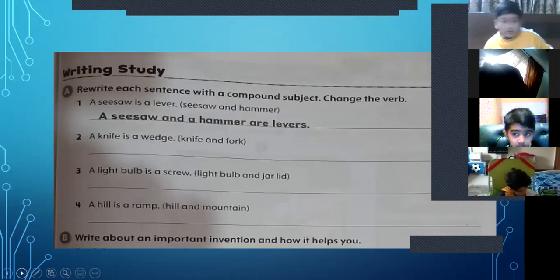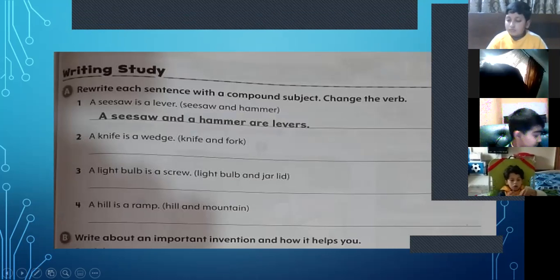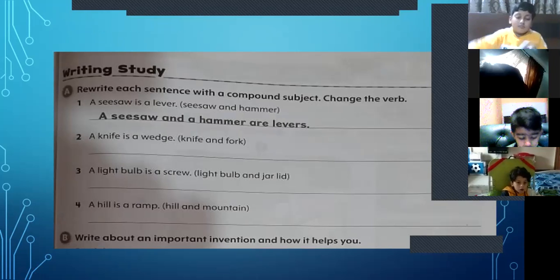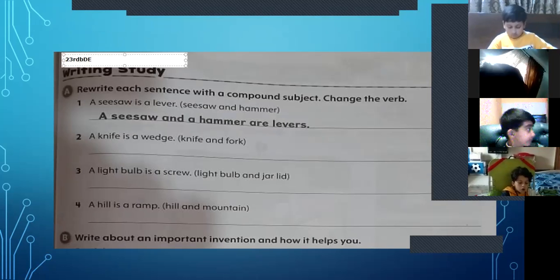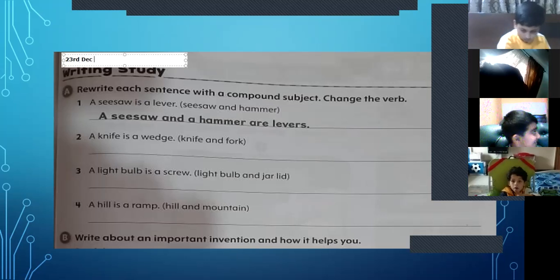Okay? Come to page number 123 of your workbook, all of you. I will not repeat the page number again. So please listen to me very carefully. Come to page number 123 of your workbook and write down classwork, day and date, that is 23rd December 20.